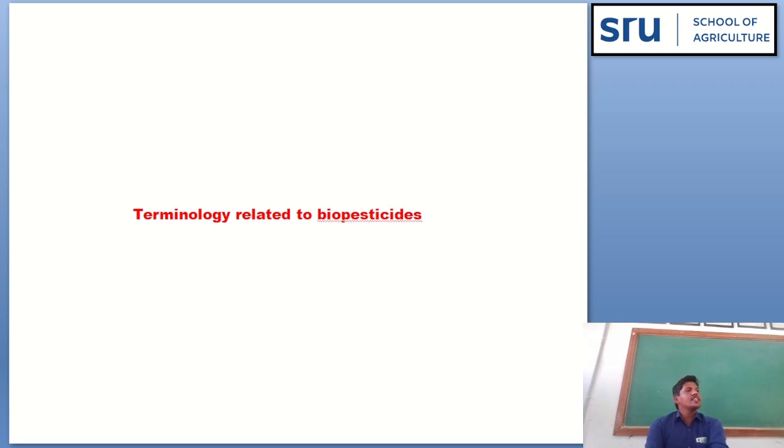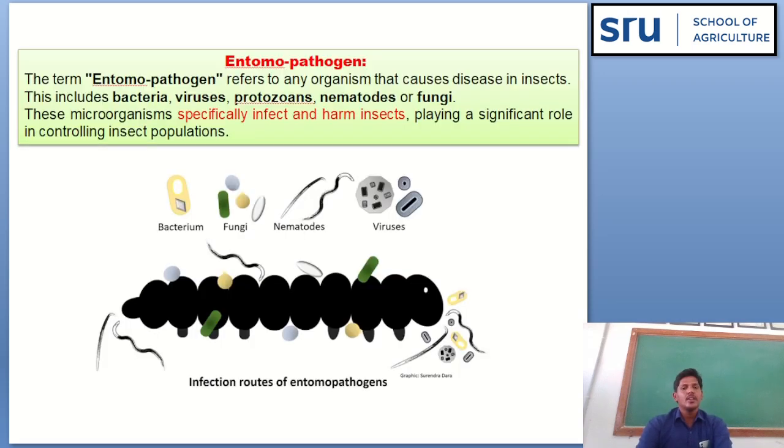In this session, we are discussing terminologies related to biopesticides. The first terminology is entomopathogen. Entomo means insect, pathogen means disease-causing organism. So entomopathogen refers to any organism that causes disease in insects.